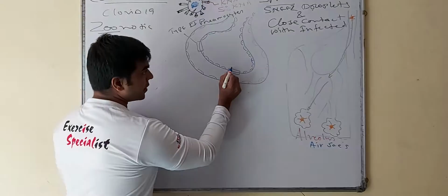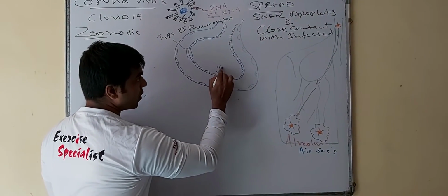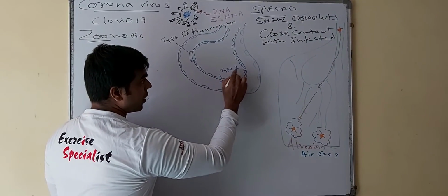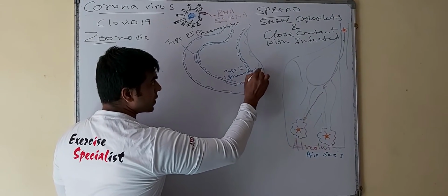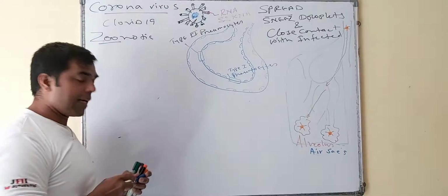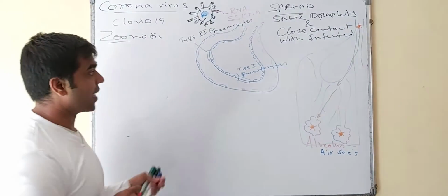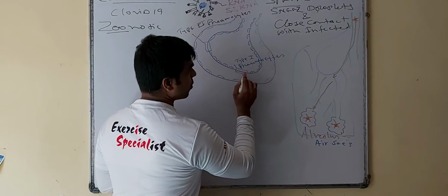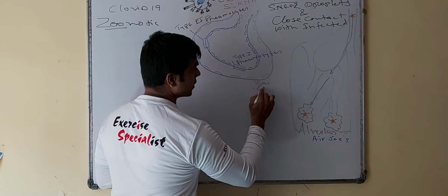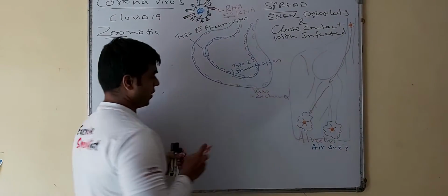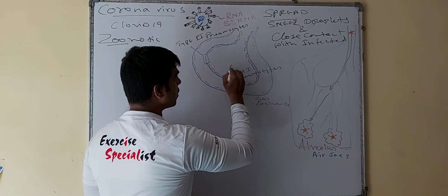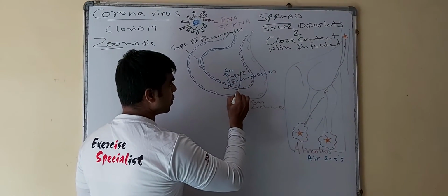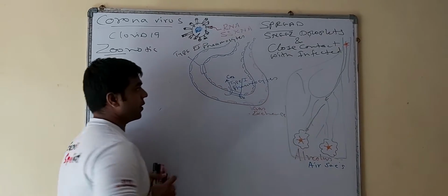And these receptors are called type 1 pneumocytes, and these are responsible for gas exchange. They let the carbon dioxide go out and oxygen come in, right?